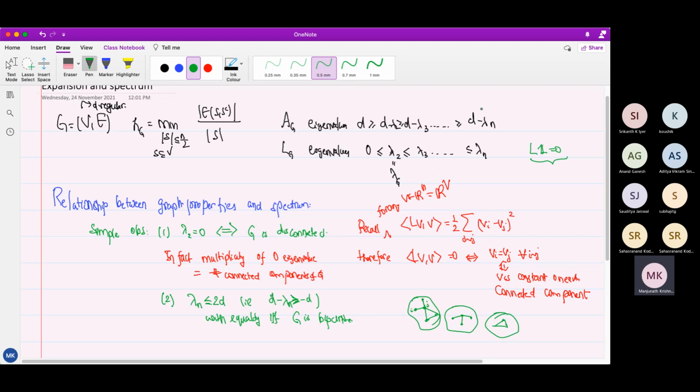So the eigenvalues of A are in minus d to d. There is always one eigenvalue at d, and there are many other eigenvalues. The lowest one could go all the way to minus d, but that happens if and only if the graph is bipartite. That is, you can split it into two parts where the edges go from one to the other. I will leave that as an exercise.